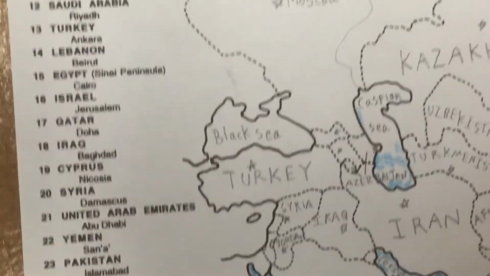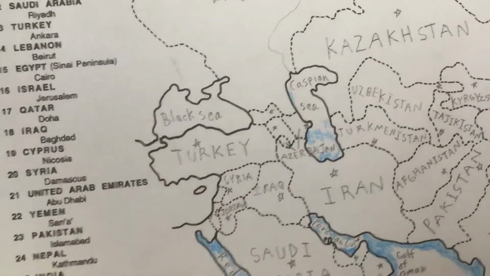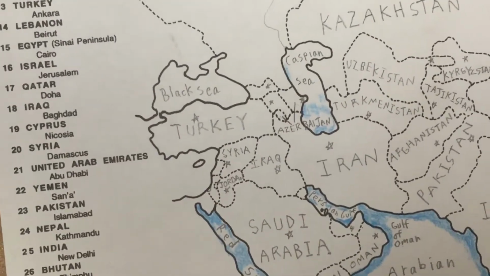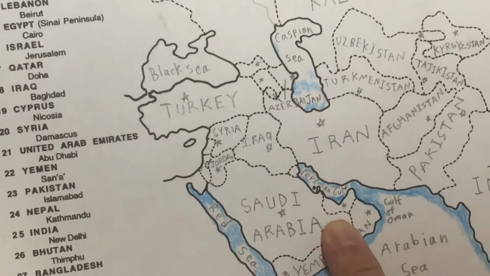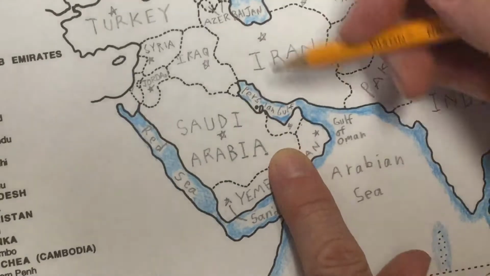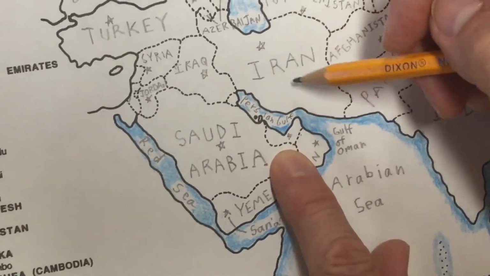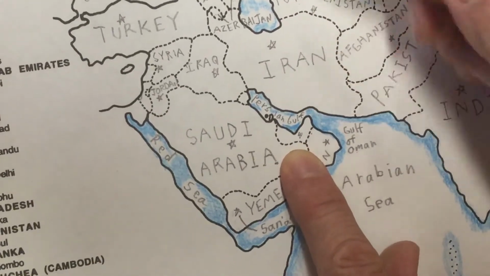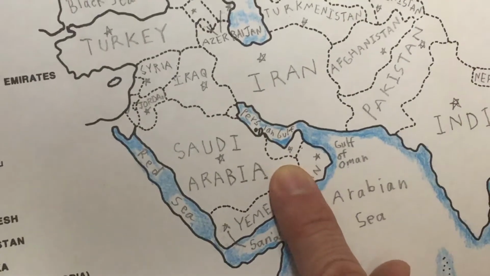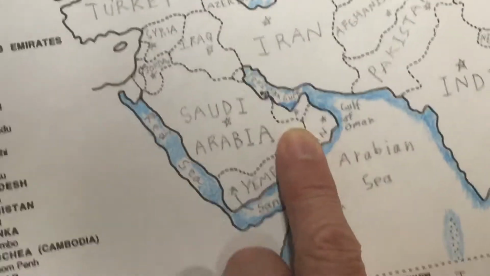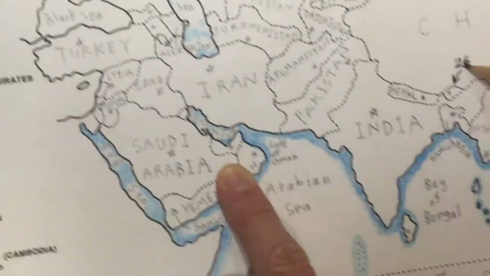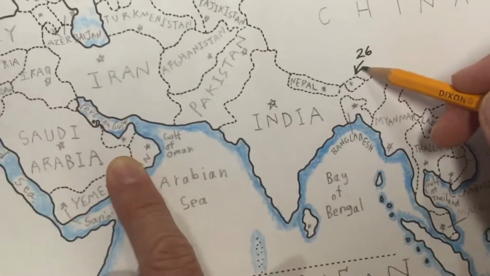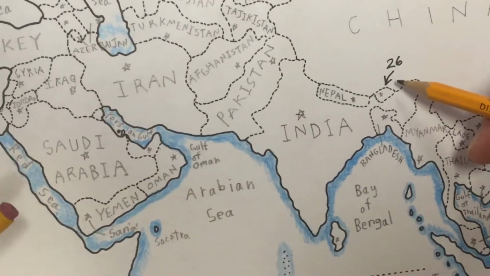Okay, let's see. Now the next country after Azerbaijan would be United Arab Emirates. Now, this one, it's going to be kind of difficult to label. It's such a long name. I think I might use the numbering system. It says in the directions that if you want to use a number, the number of the country, and I think the number of this one is 21, if you look over here in the list.